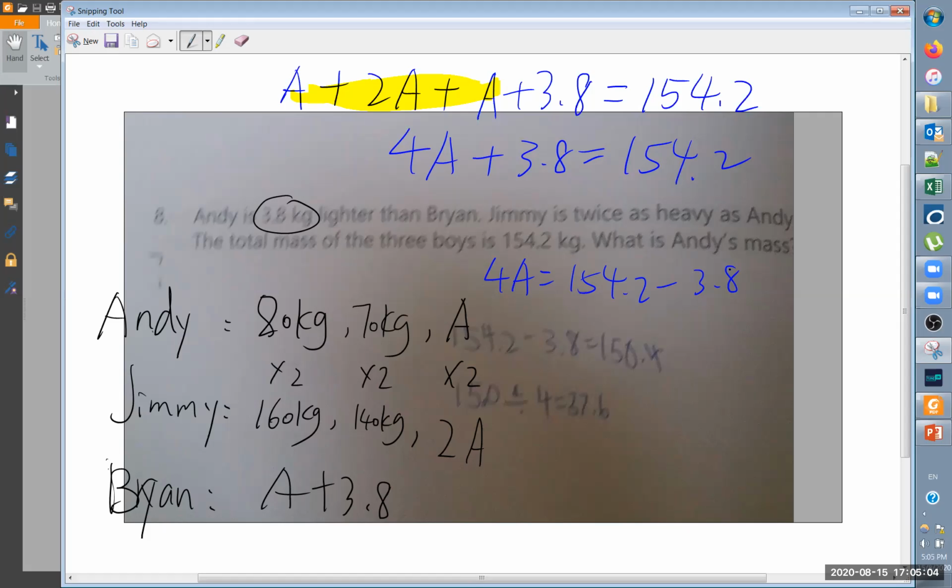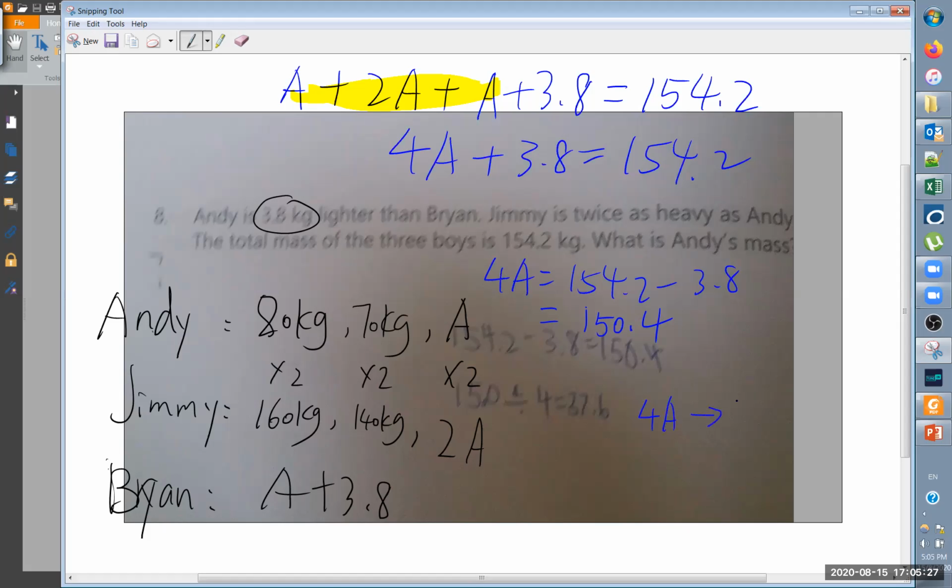What's the answer? 150.4. Okay, very good. So now the question is very easy.